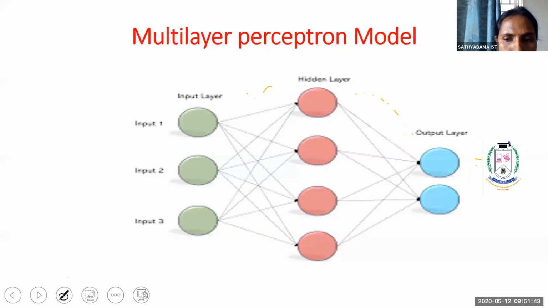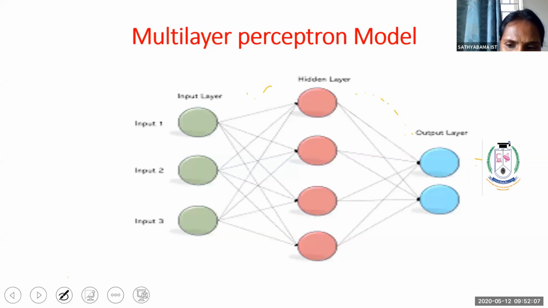What will happen? Now again the same process. You compare your actual output and your desired output. If both the outputs are the same, then there is no need of weight modification. In case your actual output is not equal to the desired output, then what will you do?